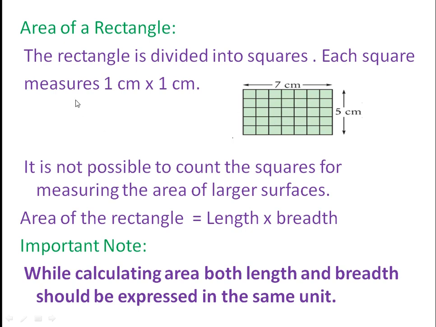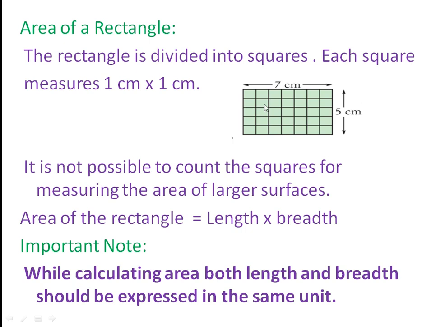The rectangle is divided into squares. These boxes we call squares, and each square measures 1 centimeter length and 1 centimeter breadth.